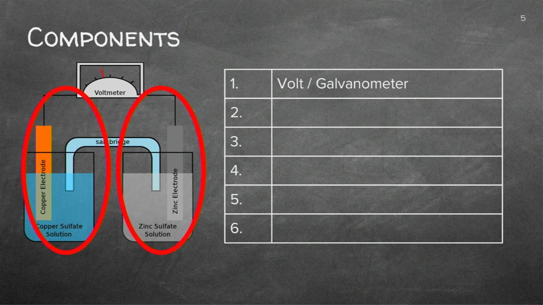The second part that we've got, along with the voltmeter or the galvanometer, will be two separate beakers. Can you see those two beakers? They actually represent the half cells. So you'll have one half cell on that side, and you'll have another half cell on this side.